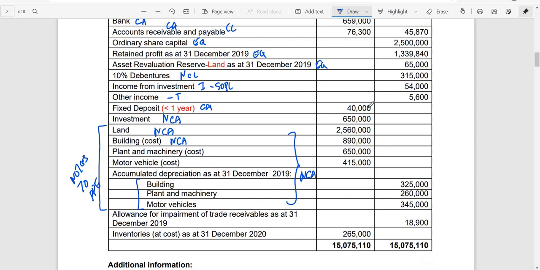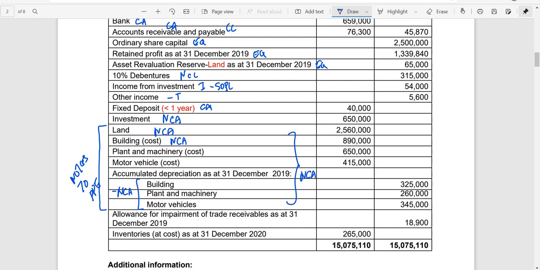However, these 3 items here, accumulated depreciation, are negative non-current assets because they are contra asset accounts to the building, plant and machinery, and motor vehicle, since the accumulated depreciation is deducted against the cost to arrive at the carrying amount. We also have the information on allowance for impairment loss of trade receivable as at 31st of December 2019.